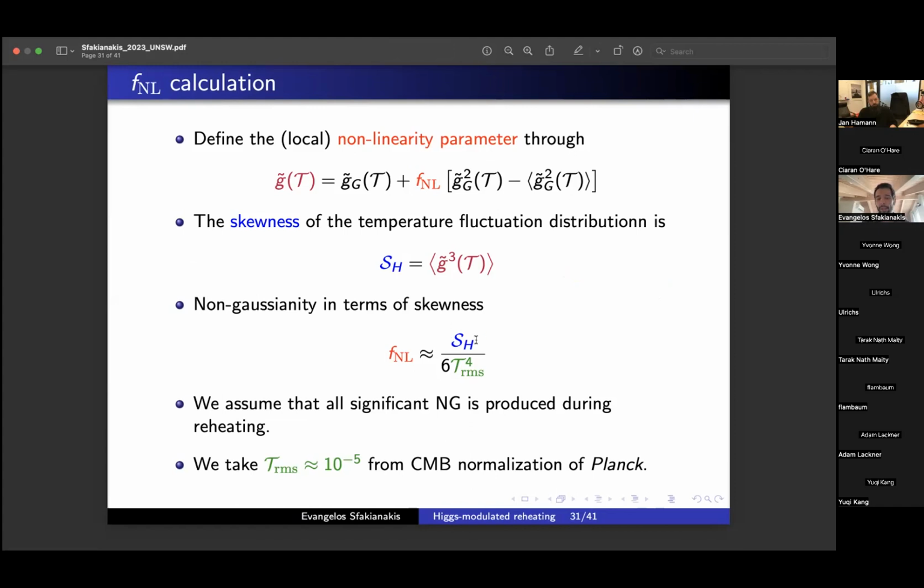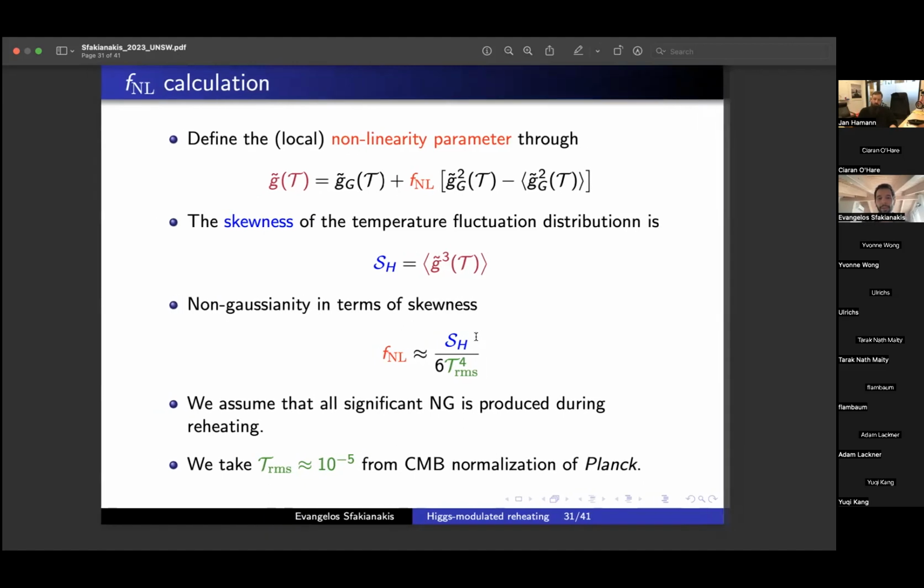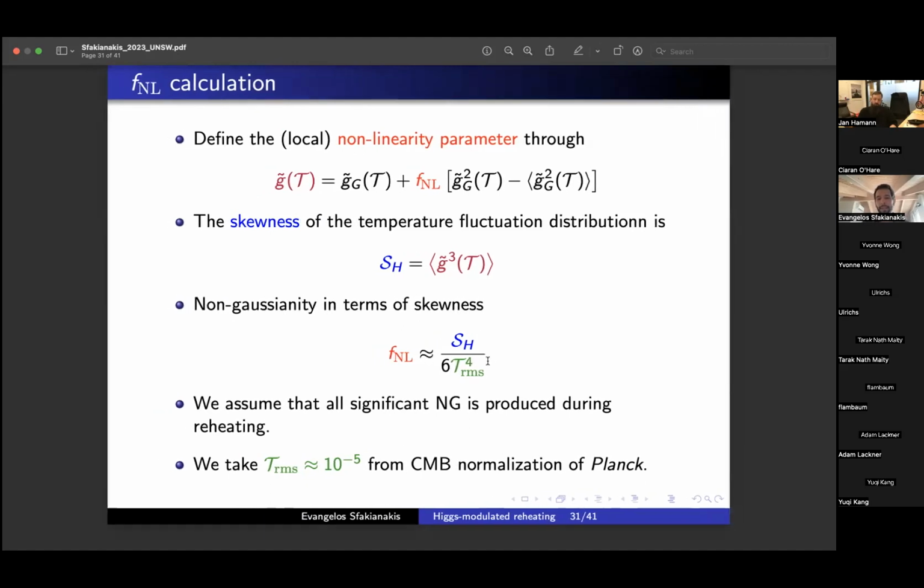And actually this f_NL is nothing more than the skewness divided by 6 times the fourth power of the RMS value of the temperature. So we have everything. The assumption we make is that the average temperature, this 10 to the minus 5, is dominated not by modulated reheating but by inflation fluctuations, and the skewness, or the non-Gaussianity, is dominated by modulated reheating.